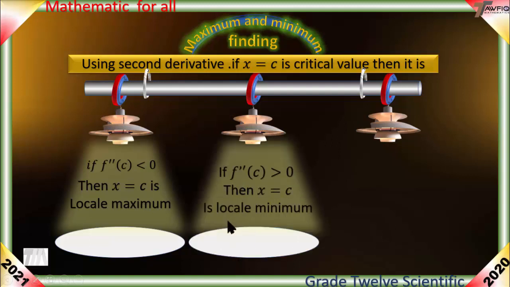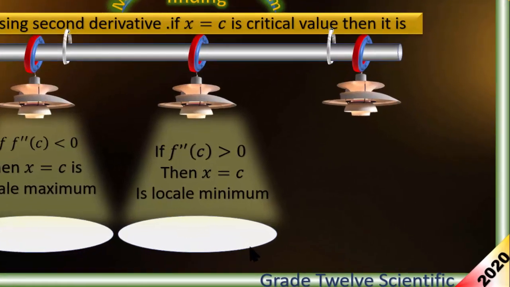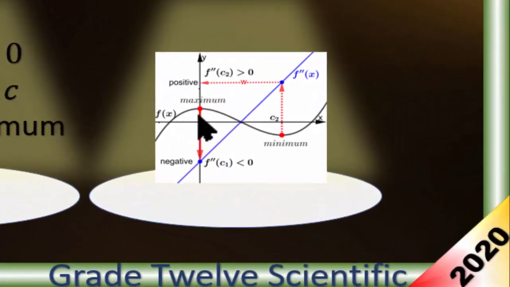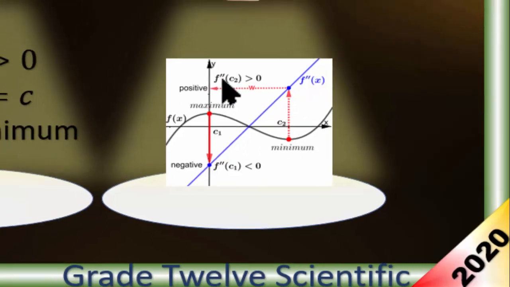And it is a local minimum if the second derivative is positive, that means bigger than 0 at x equal to c. As you can see here, at the maximum value, the value of the second derivative is negative, and at the minimum value, the second derivative is positive.